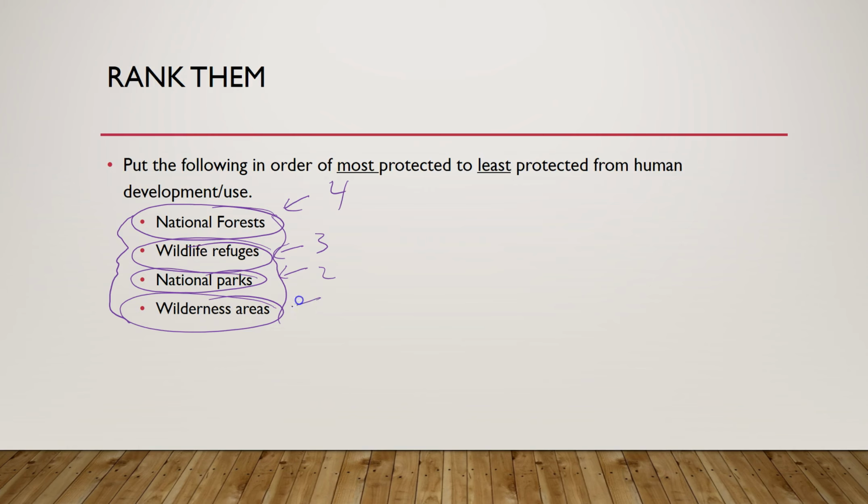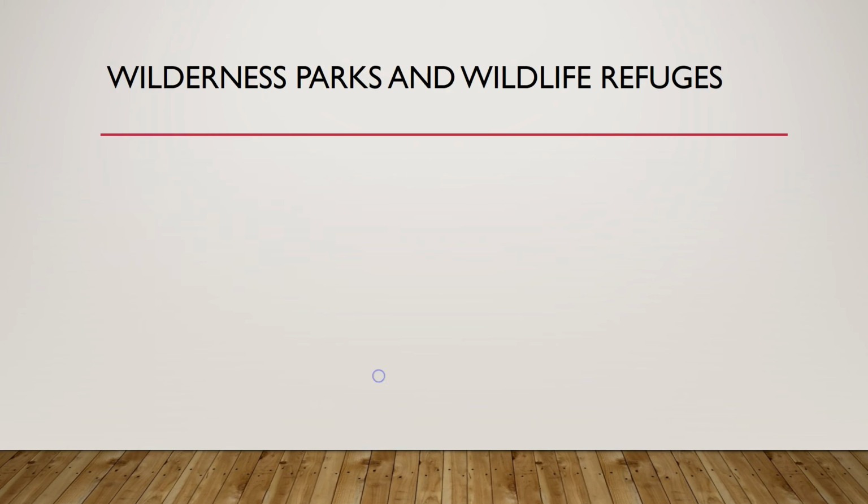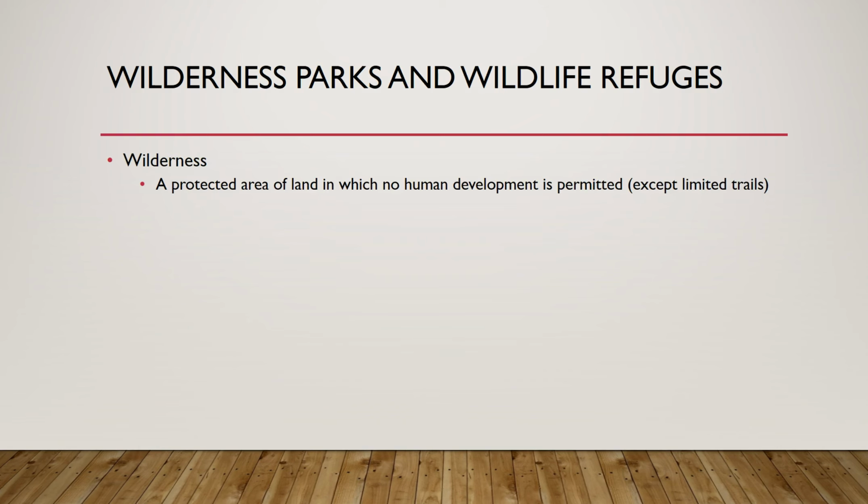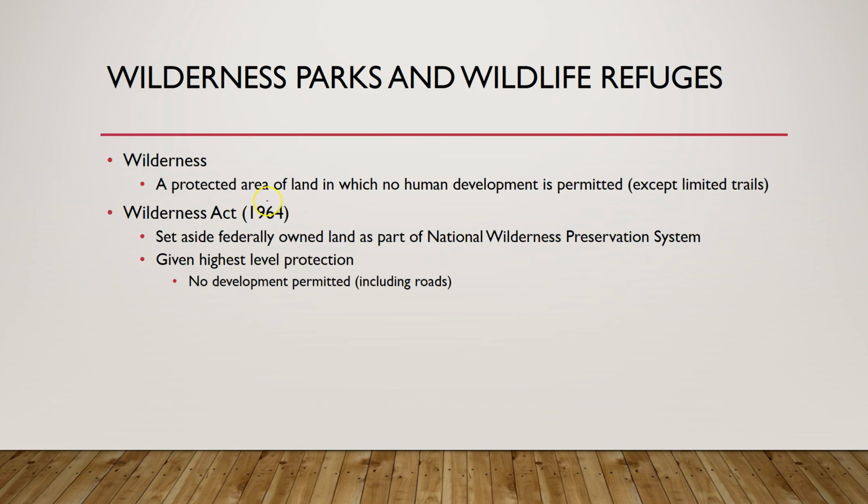And then most protected from human influences are wilderness areas. A wilderness area is a protected area of land in which no human development is permitted. That means our national parks, for example, have roads and building structures. Our wilderness areas, the only thing they allow is maybe some trails for some backcountry backpacking and camping. And in 1964, we set aside federally owned land as part of the National Wilderness Preservation System.